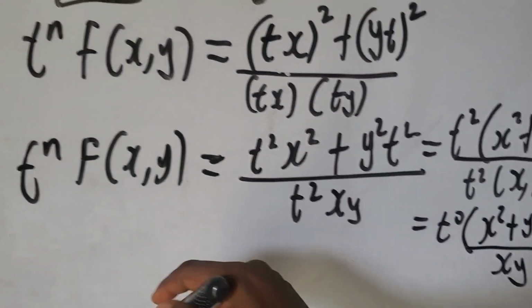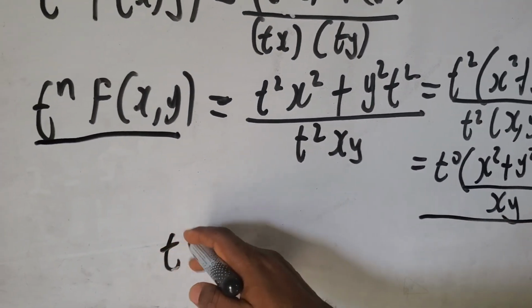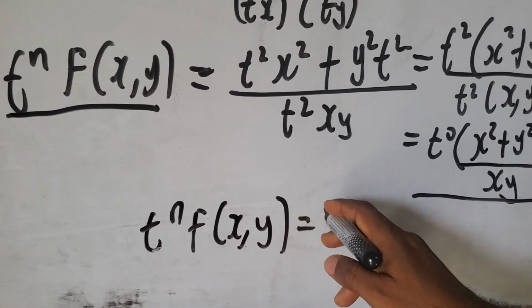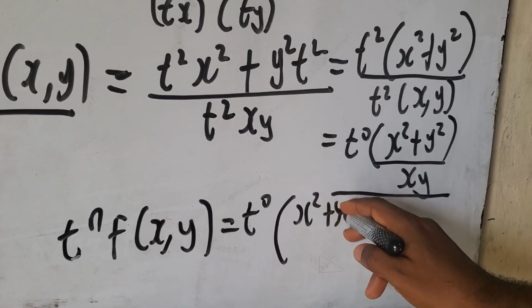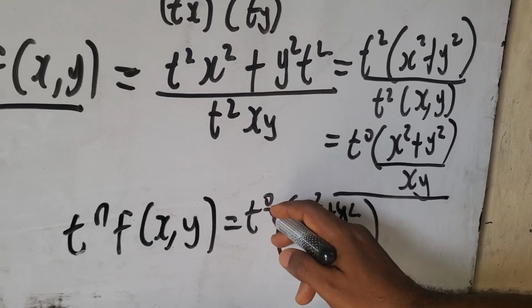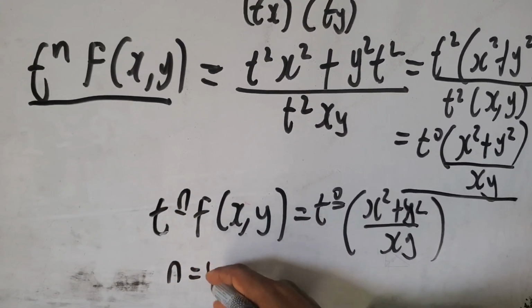So now comparing this with what we have here, I have t raised power n function of a variable x, y is equal to t raised power 0 function of x squared plus y squared divided by xy. Now this particular comparison means n is equal to 0.